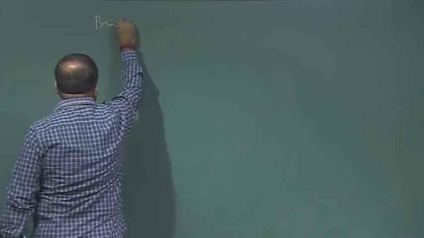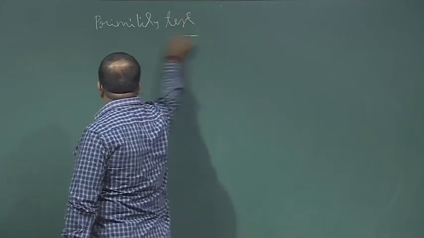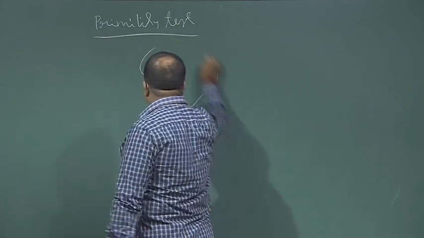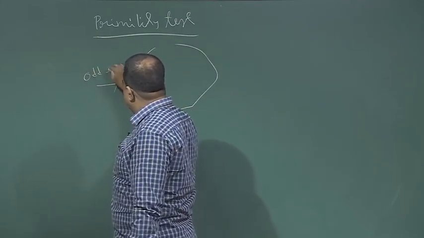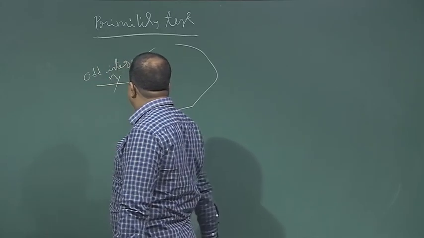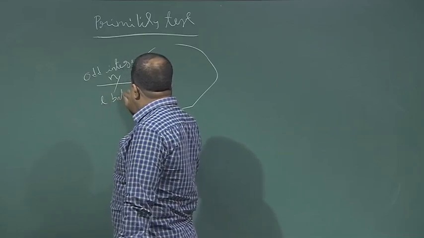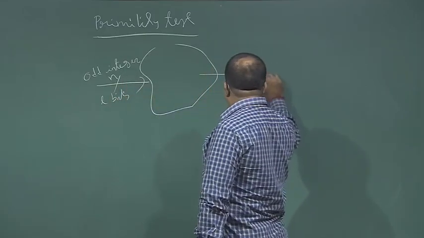Those are called primality tests. Basically, we give an odd integer n of L bits, and this algorithm tells us whether n is prime or not.